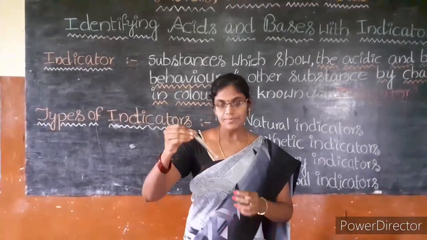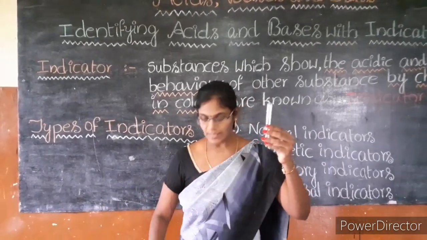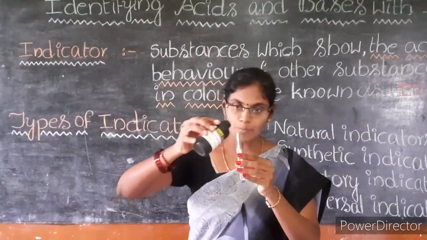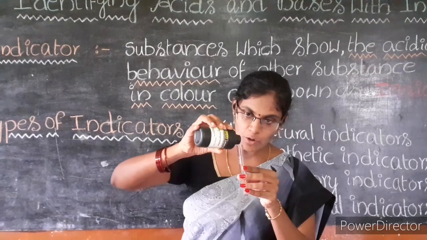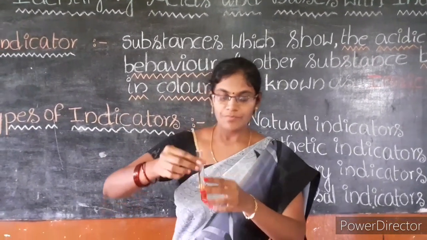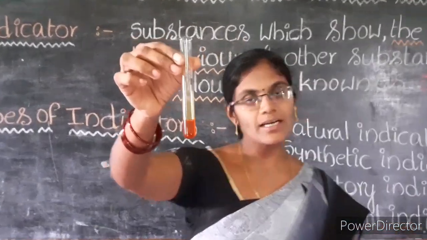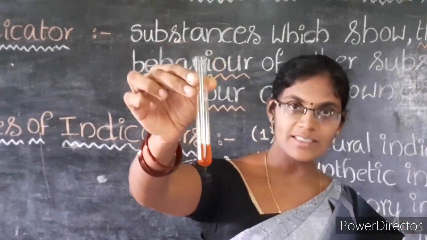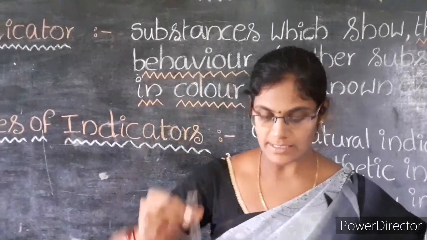Now take a test tube and I am pouring a small quantity of methyl orange into the test tube. Children, look here. What is the color of the methyl orange? Orange in color only, right? Yes.